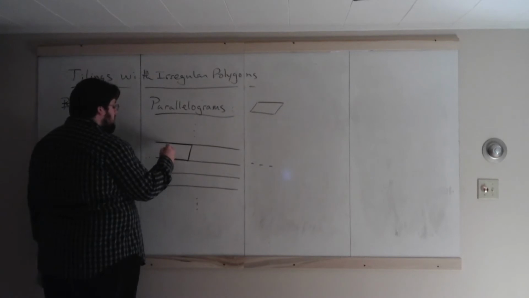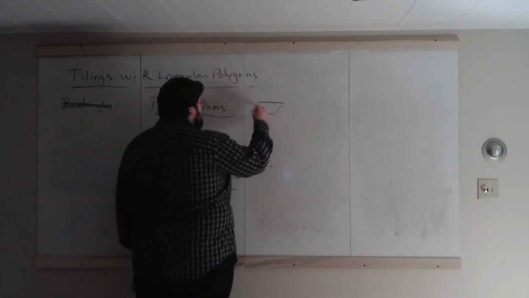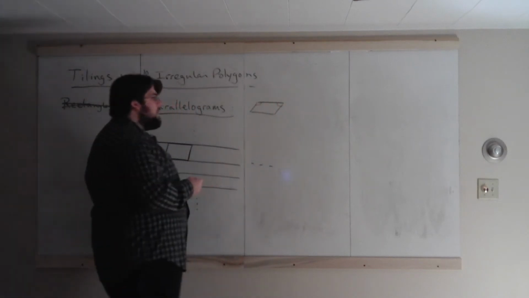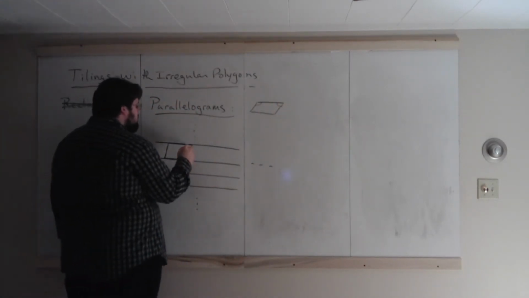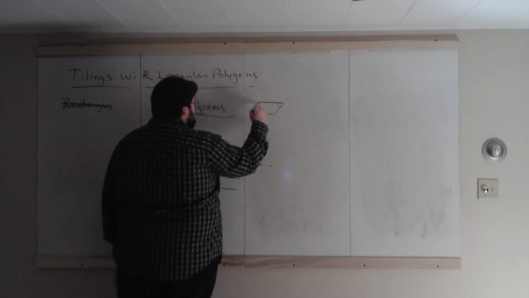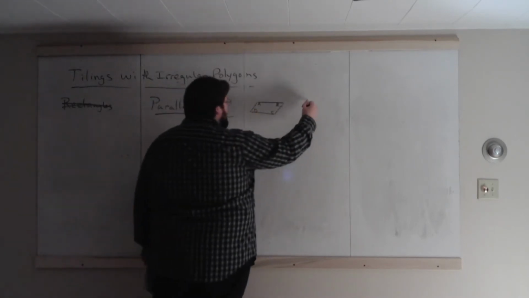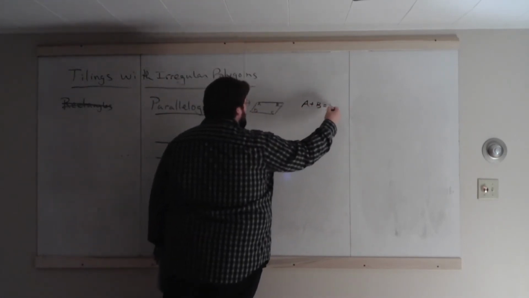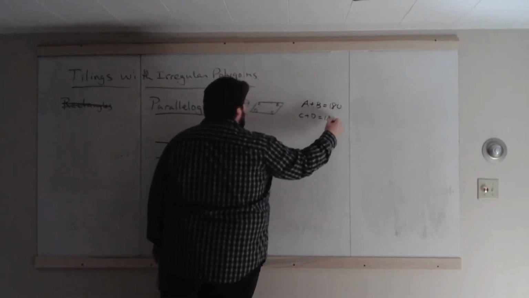Well, there's a parallelogram. Remember what happens in a parallelogram: the two top angles add to 180. So maybe I'll label the angles in it, at least the top angles. A, B, C, D. Notice A plus B equals 180. C plus D equals 180.